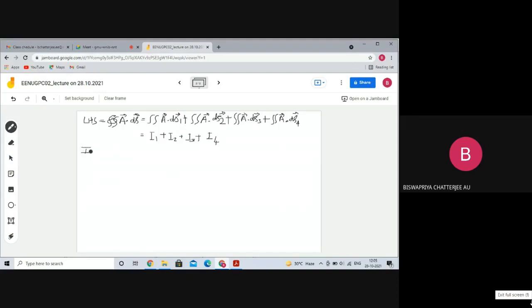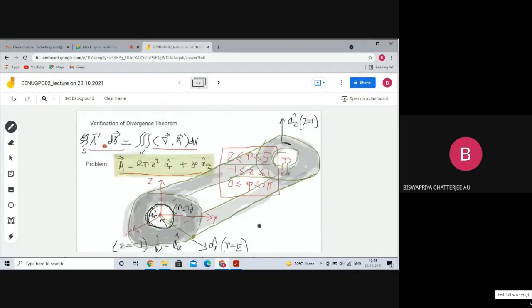Let us evaluate I1 first. It is A dot ds1. Now what is ds1? We have to consider one particular surface at a time.